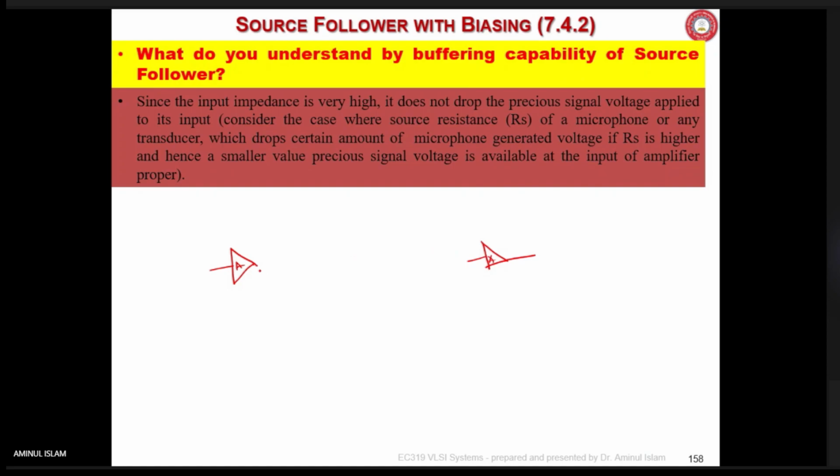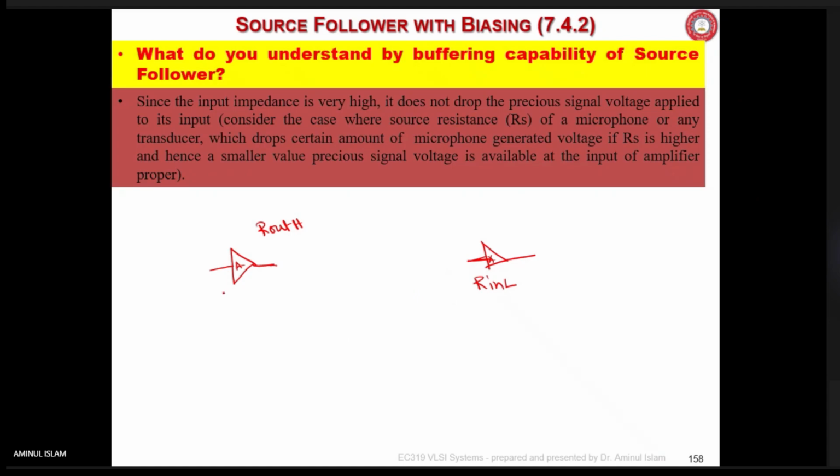For example, the output impedance and the input impedance are not the same, or one is high and the other is low. Suppose the first has high R out, a high output impedance, and the next has low R in. So if you directly connect them, what will happen?